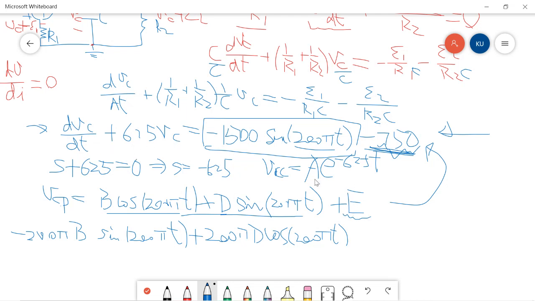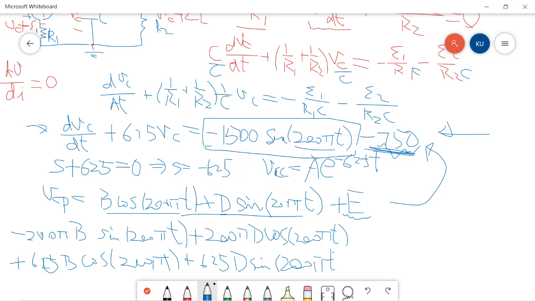And then plus 625 multiplying this one. So it will be 625 b cosine 200 pi t plus 625 d sine 200 pi t, and then also plus 625 e, and it will be equal to minus 1500 sine 200 pi t, and then minus 750.